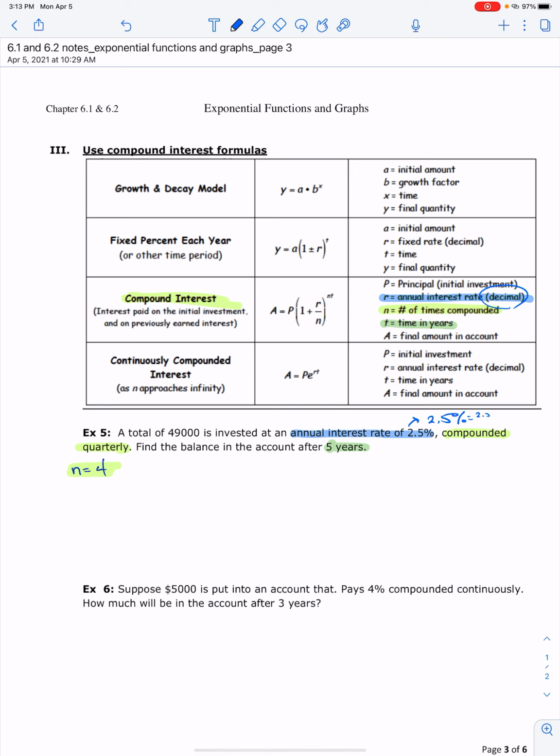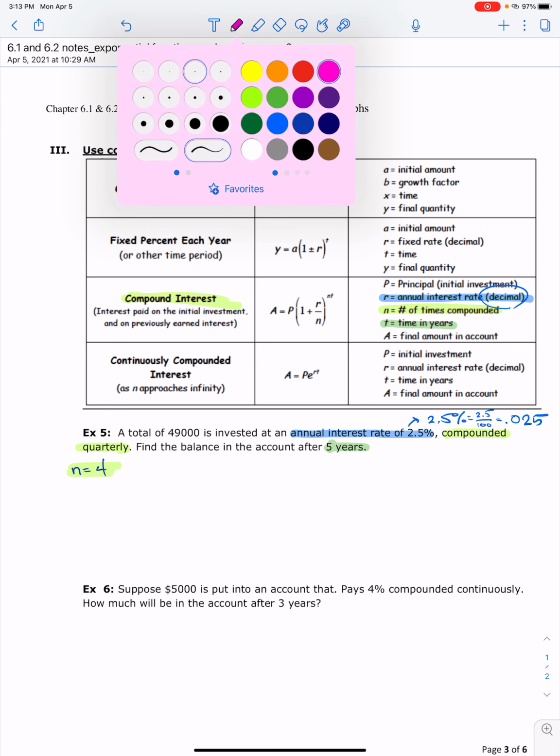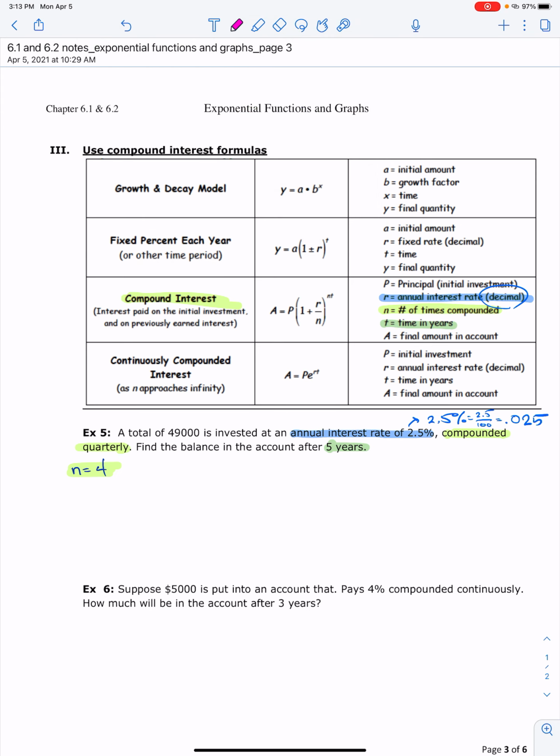You can think of it this way, 2.5 out of 100. When we divide that, that moves our decimal place 2 to the left. So there's actually our interest rate, 0.025. We have our principal, which is our initial investment. There's our $49,000.